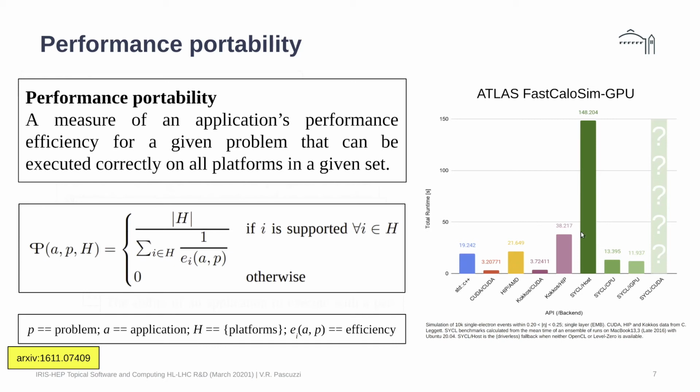So I show on the right a plot from some of the studies that we've done so far, our ATLAS FastCaloSim on GPUs, where you can see the different backends at the bottom and their runtimes on the y-axis. And really what we're trying to do here, in adding a cuRAND backend to oneMKL, is to see how SYCL performs on CUDA backends relative to, say, Kokkos or HIP or what have you.